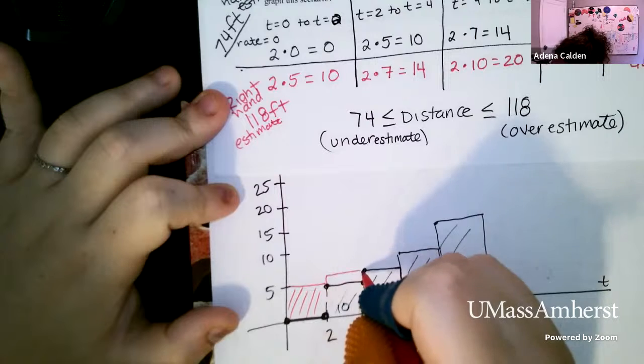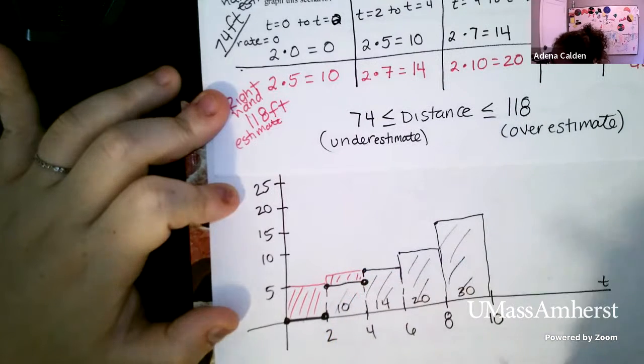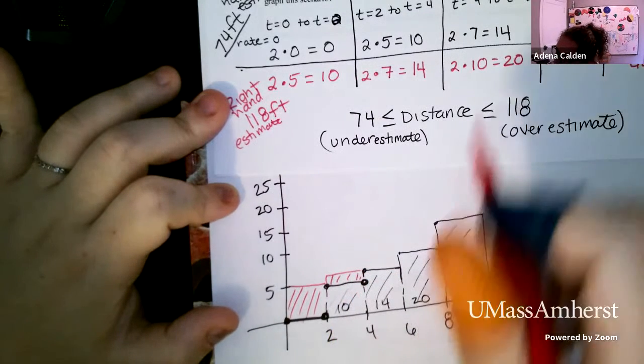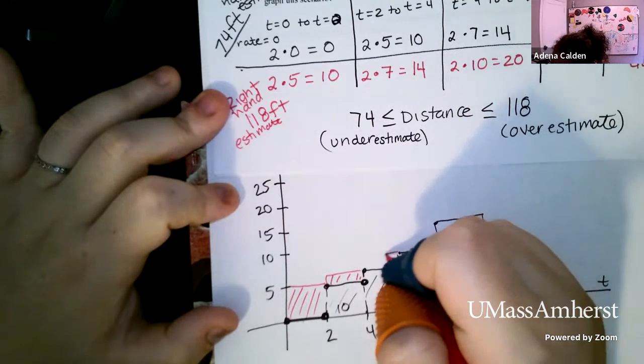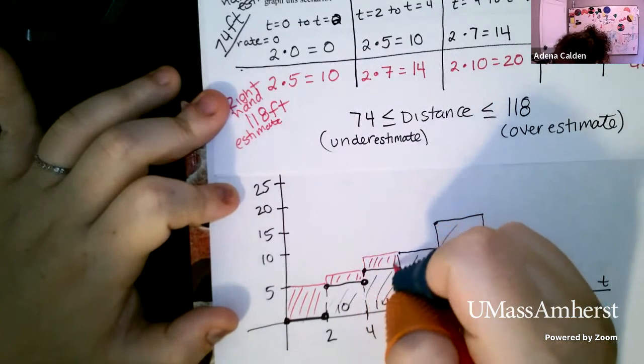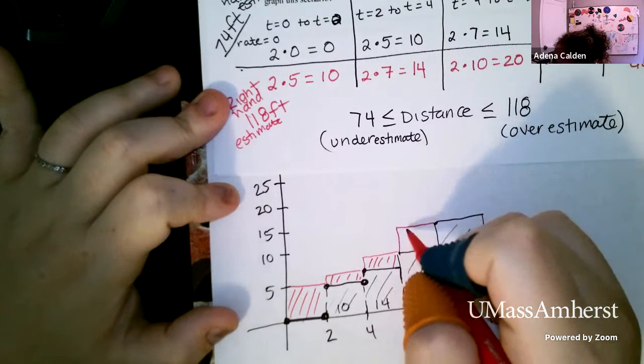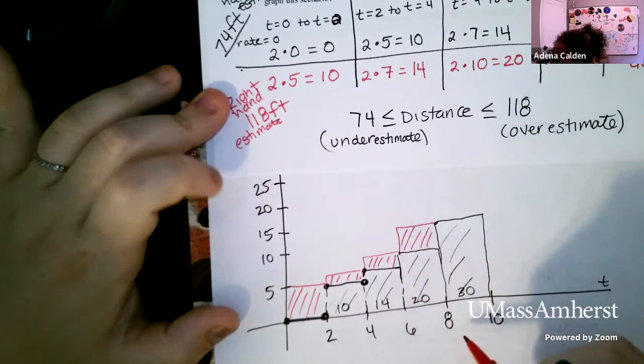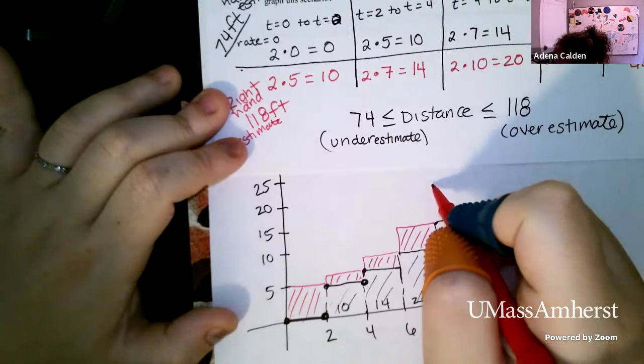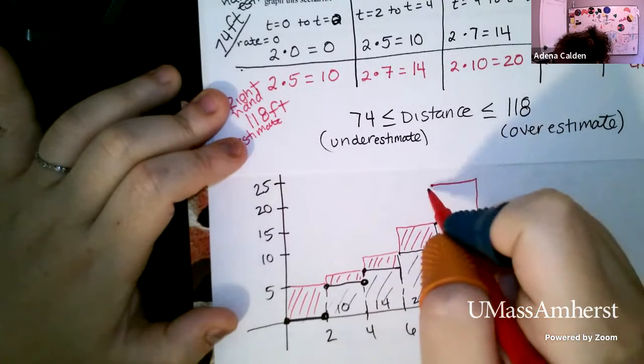So that's up here. From time 4 to time 6, we said that was 10. From time 6 to time 8, we said that was 15. And then from time 8 to time 10, we said that was 22, which is up here.